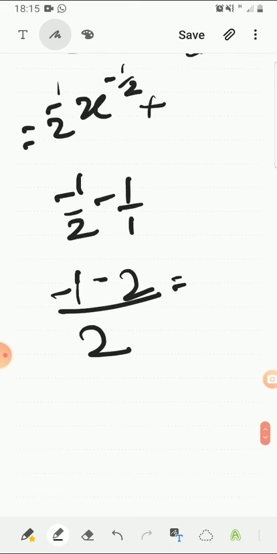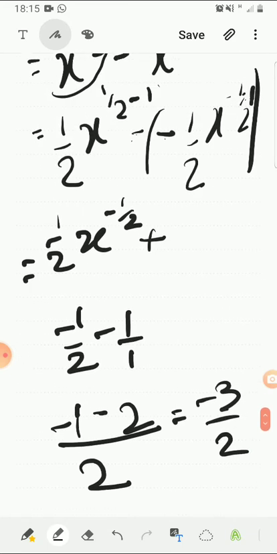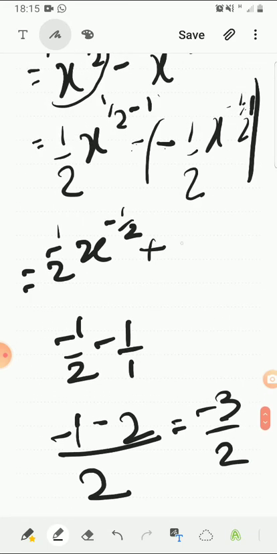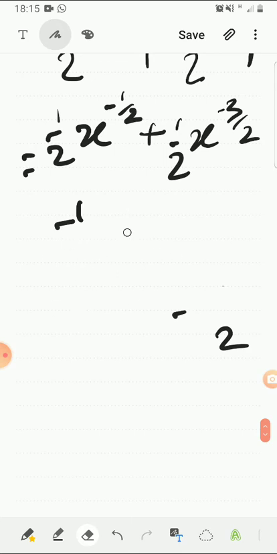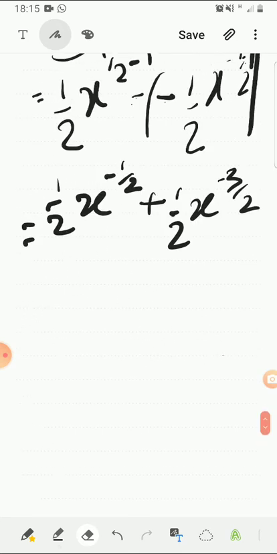So that will give us minus 3 over 2. So here should give us 1 over 2 x to the power of minus 3 over 2. And that's all. You're basically done.